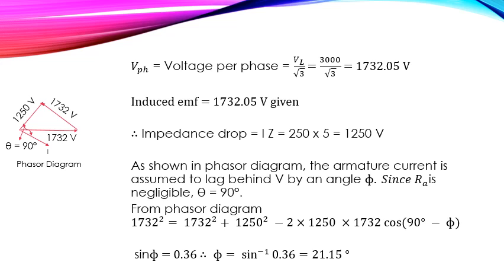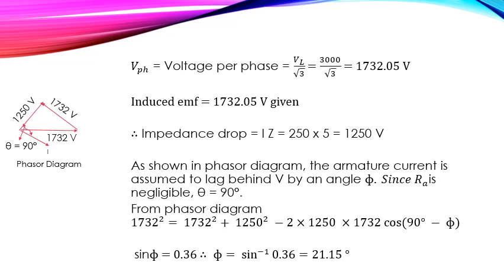Right? So the resultant vector is 1732 square is equals to the reference 1732 square plus 1250 square minus the product of 2, then 1250, 1732 and cos of 90 minus phi, right?